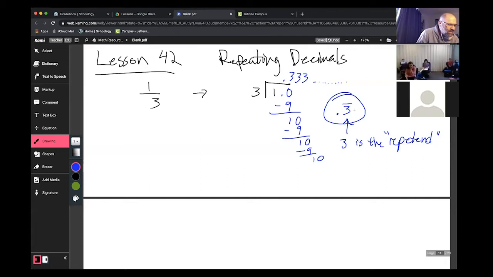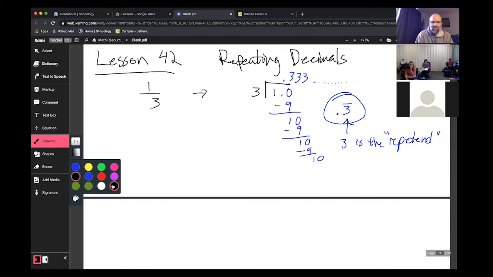The bar has a funny name too, so I won't spoil it, but we just say bar. You put the bar over 3, okay? Because that's the number that repeats. Now, make sure you only put the bar over the number that repeats.